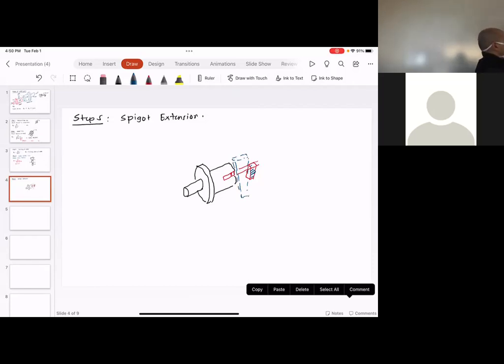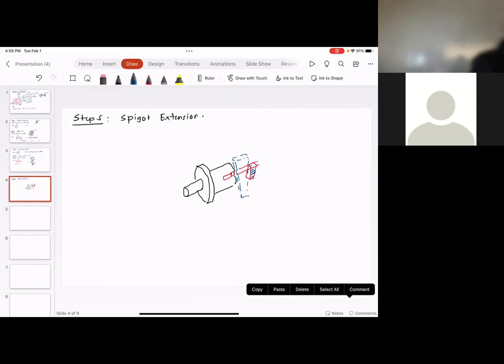So what happened? That quarter was in place in the spigot. The socket pulled the top and the bottom end of the quarter, and that quarter just sliced or sheared the spigot end.